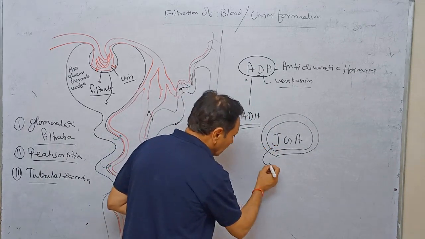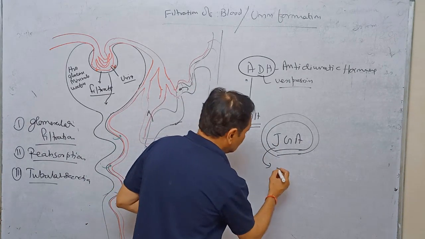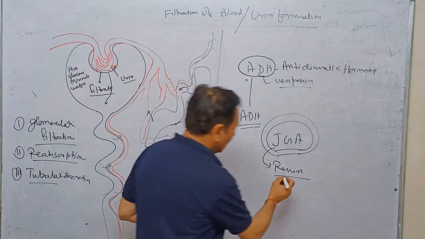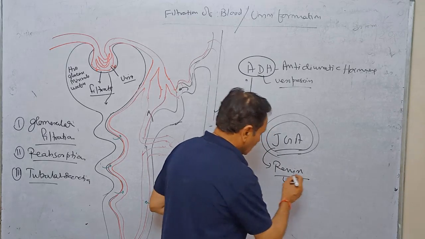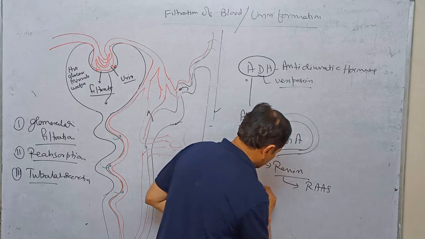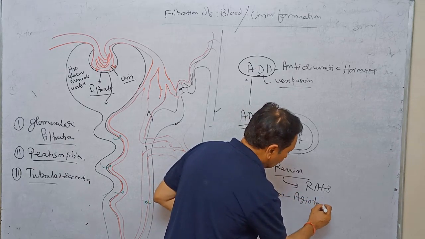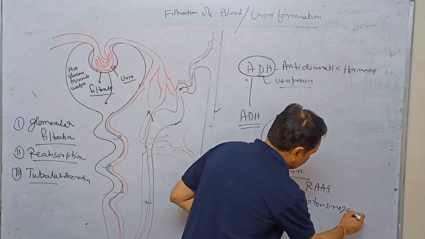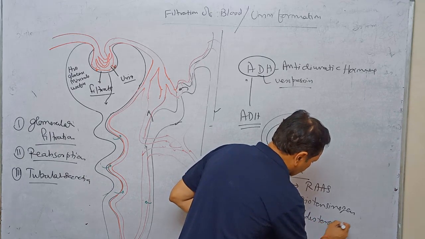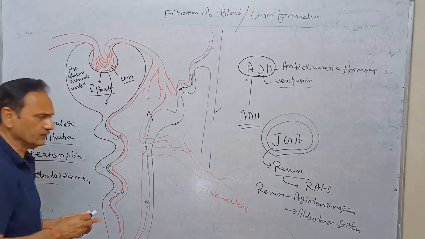If that is not up to the mark, it orders the kidney to release renin, and this renin is responsible for the RAAS, the renin-angiotensinogen-aldosterone system. It is also responsible for maintaining the osmotic pressure of the body.